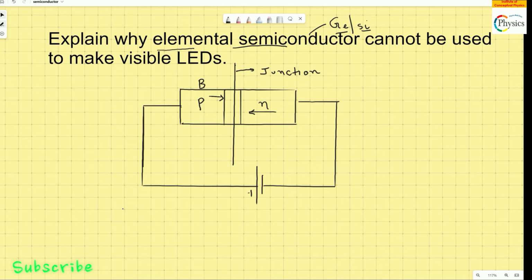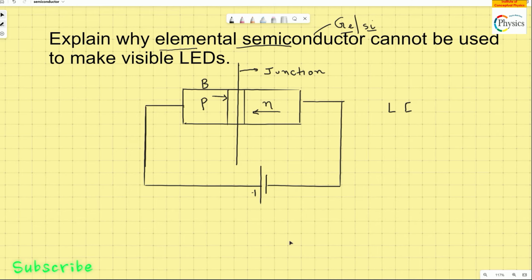So the LED is forward biased. This is something we've already discussed. Current starts flowing. Now there are two situations. When this current flows in the depletion region, you have something called recombination happening.